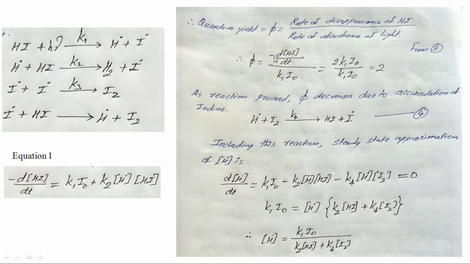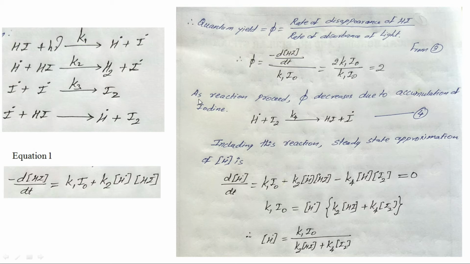From equation 3, we are going to substitute the numerator value as 2 K1 I naught and denominator is K1 I naught. Now this K1 I naught gets cancelled and we get quantum yield in this particular step equal to 2. Here we have not considered any quenching process.